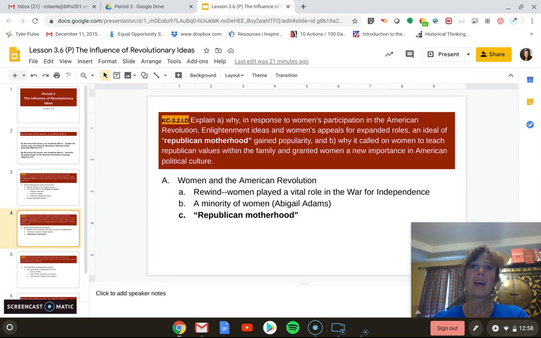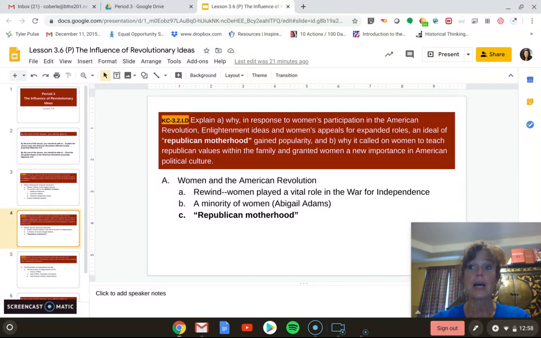However, because the idea was there that women were essential, this idea known as Republican motherhood develops. Following the war, it is an idea of women having a very big and important role of educating their children to become virtuous citizens of the Republic.